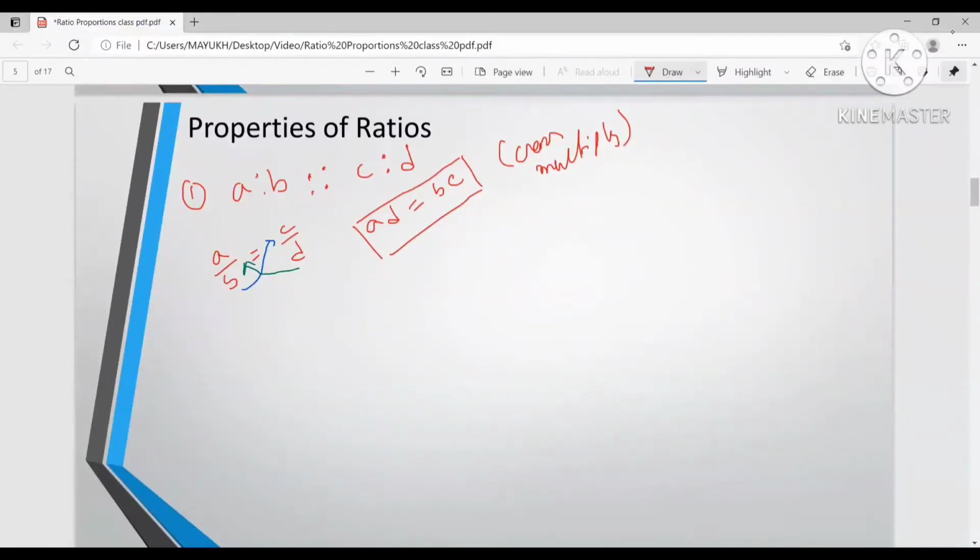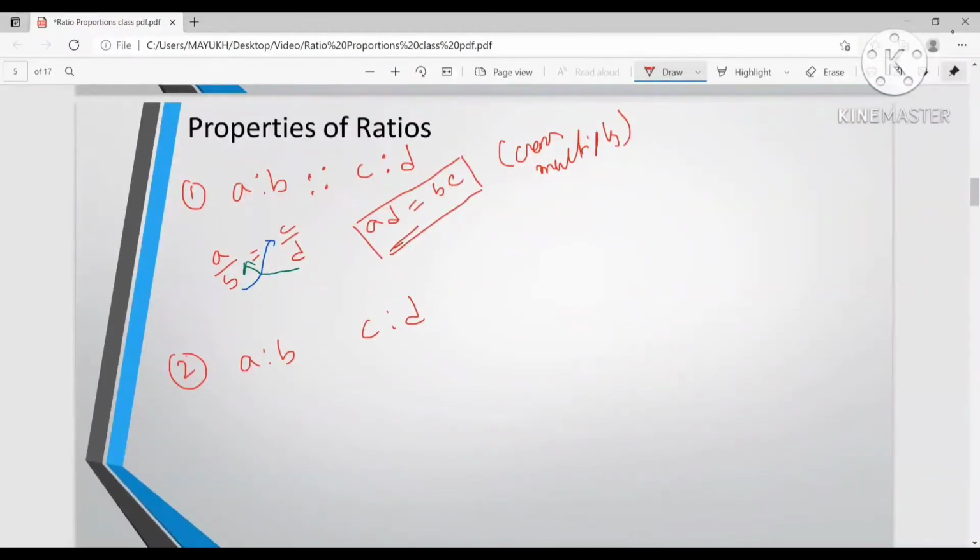Now this comes in handy when we're solving a lot of sums. Let's see how. Let us consider two ratios, A is to B and C is to D. We don't know whether these are equal or which is greater or lesser. So if we need to find out which one is greater or lesser, we will simply use the earlier funda we learned.